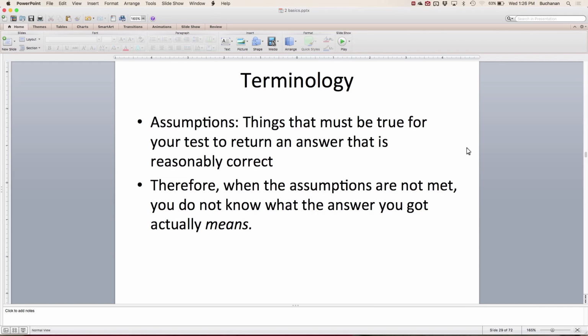When assumptions aren't met, you don't know what the answer means. And there's a lot of bending of assumptions because they're very robust. Assumptions tend to be very robust to violations, which means you can bend them and it's no big deal. But we are going to talk a lot about assumptions when we do data screening.